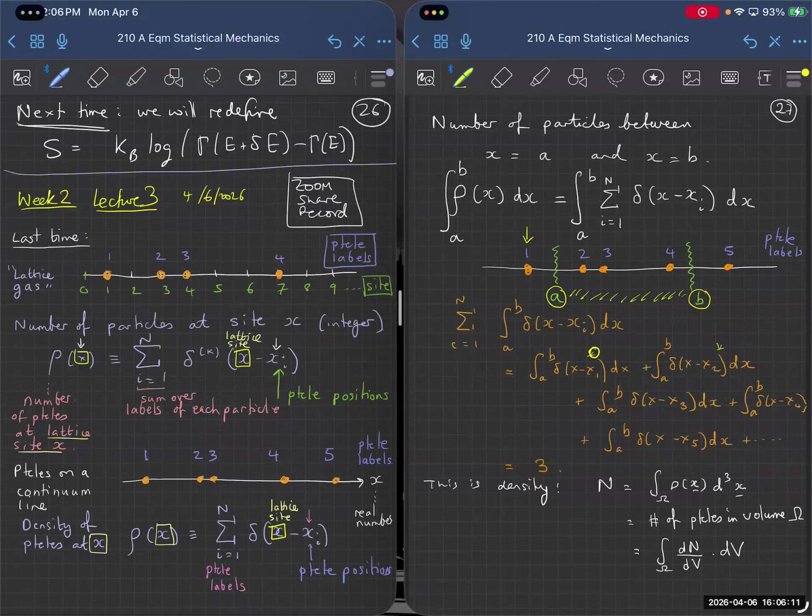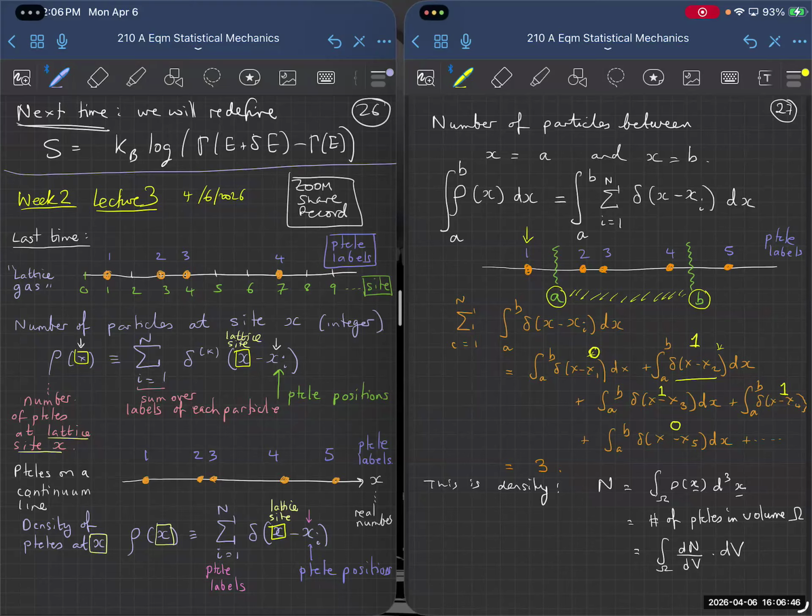So when I integrate this delta function between a and b, when I go past the position of this particle, I will get a 1 from integrating that delta function. When I get to particle 3, I will also get a 1. Same thing with particle 4, I'll get a 1. Particle 5 is again outside of the range of integration, so that will give you a 0, and so forth. In the end, I will have discovered that there are 3 particles within this position range between a and b.